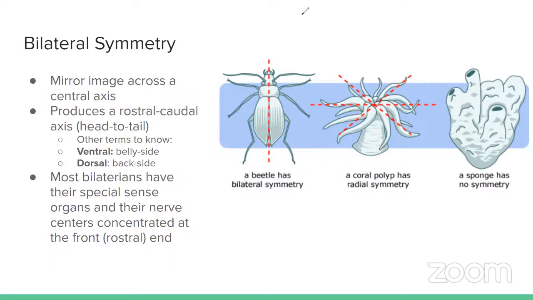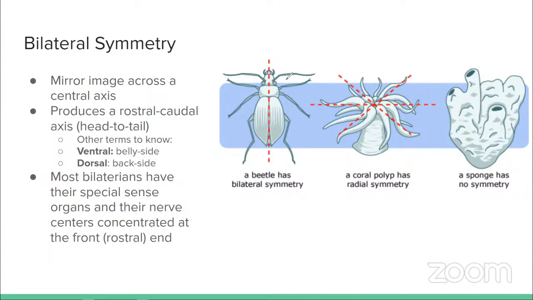So as we develop this mirror image body plan with bilateral symmetry, this means that we now have a line with a front end and a back end, basically, right? So we have structures that are going to run down this midline. We refer to the central line and its endpoints usually as a rostral-caudal axis.